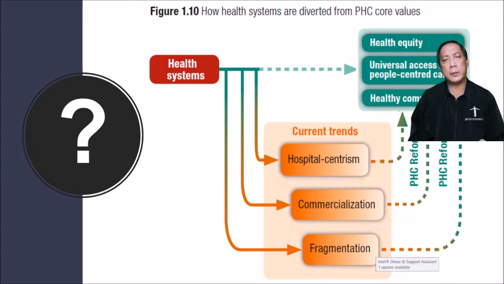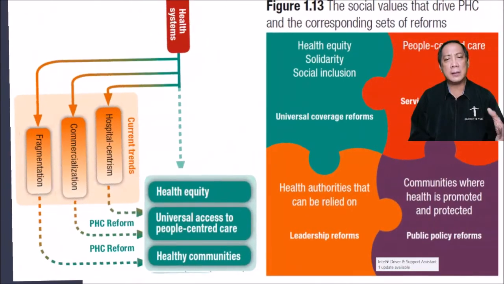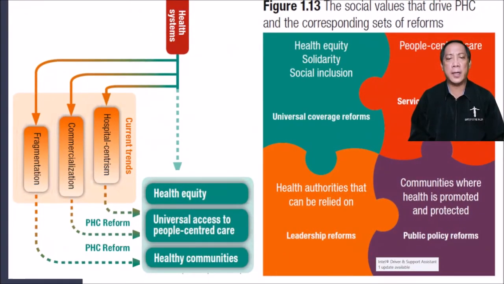So what we're trying to advocate is that we bring this back to the original idea, which is health systems, straight to health equity, universal access, and healthy communities. No additional layer, straight. And that would mean embracing social values that drive primary health care.